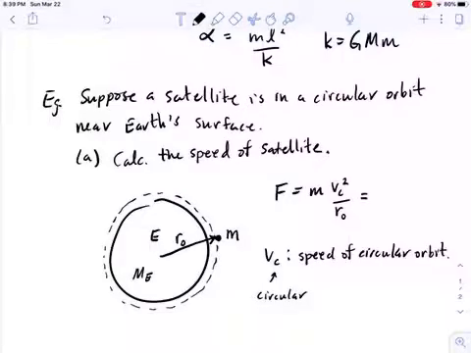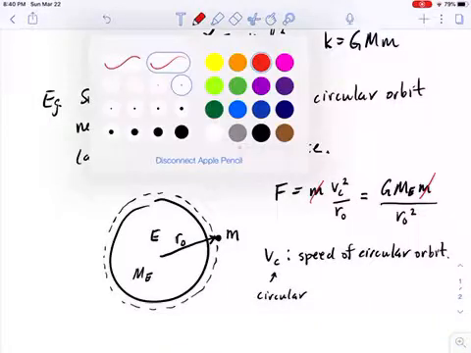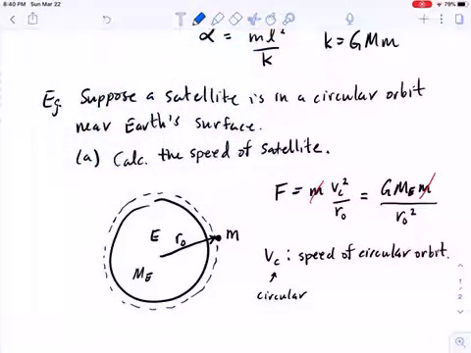Okay, but the force is just the gravitational force, and so it's G times the product of the masses. Let me put an e subscript for the mass of the Earth, and then the force goes as 1 over r squared. Now there's some cancellation. We can cancel the mass of the satellite, and that's interesting because it tells us that it doesn't matter if it's a very large satellite or a very small one.